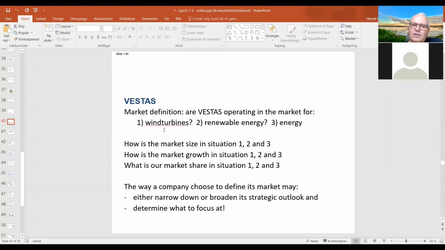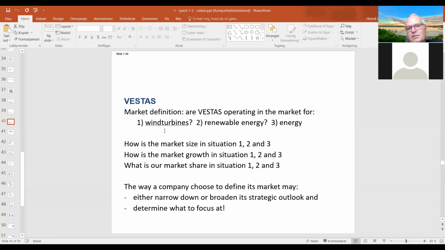So if they make a narrow definition of the market, like wind turbines, they might not have their attention on renewable energy. They may not have the attention directed to energy production in general. So the way you define your market as a company, whether it's quite narrow or very broad, actually makes a great difference to, for example, when we look at this one, how is the market size?